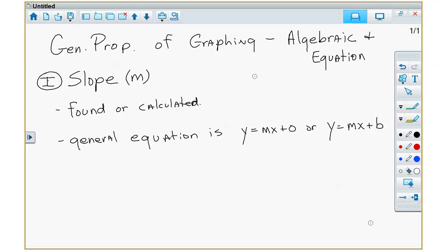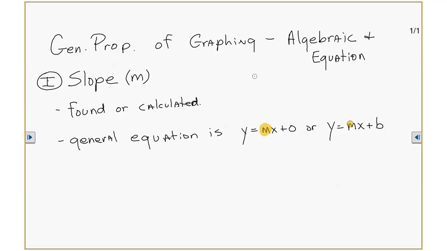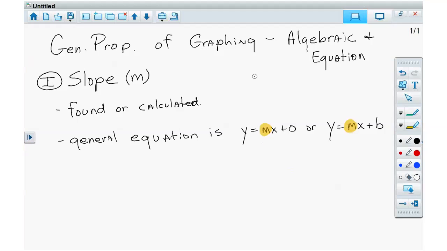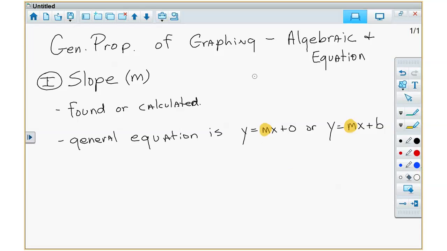And if you notice, there's an m. That's the coefficient of x. Whatever that coefficient is, that's the slope of the line. Now that's how you find the slope. In other words, they give you an equation and you just look at it.